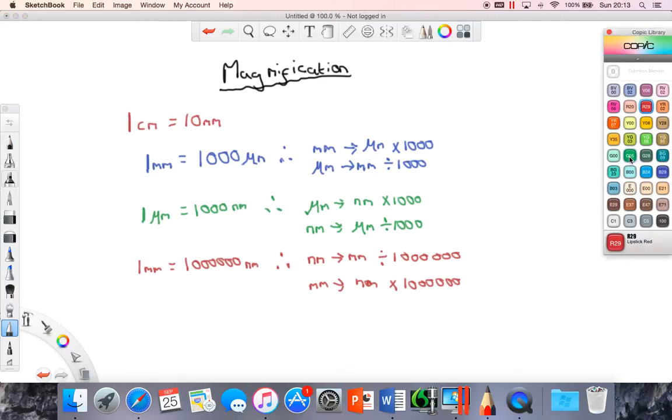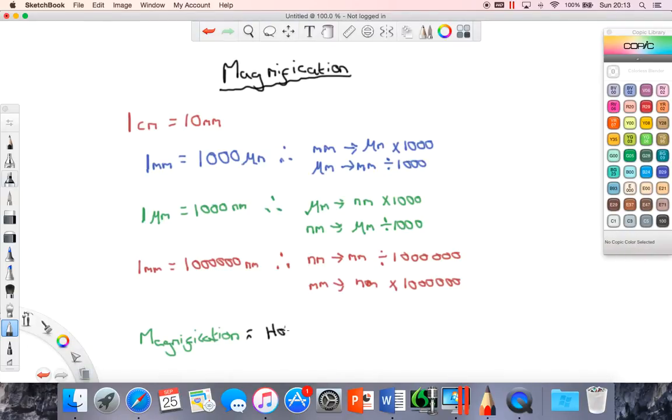While you're writing that down, let's get a simple definition out of the way. It's in green, so it's a definition. Magnification is defined as how many times bigger an image looks under a microscope.